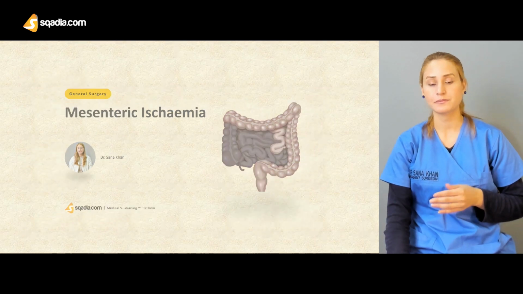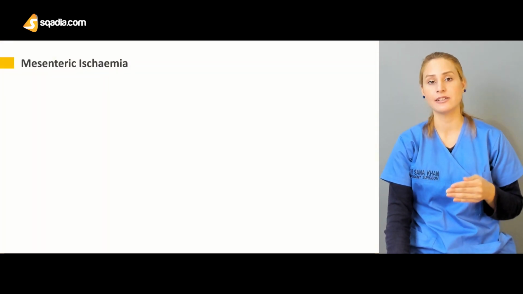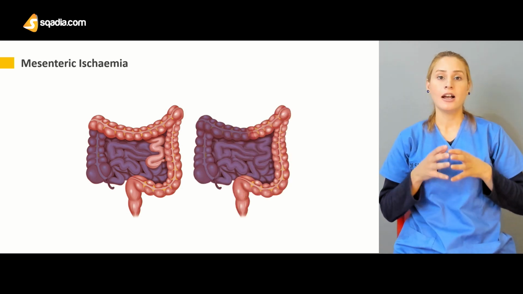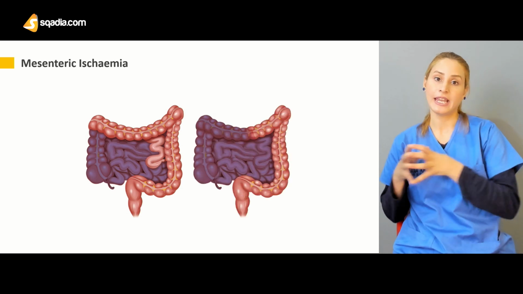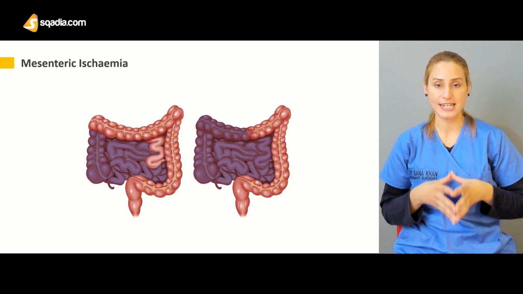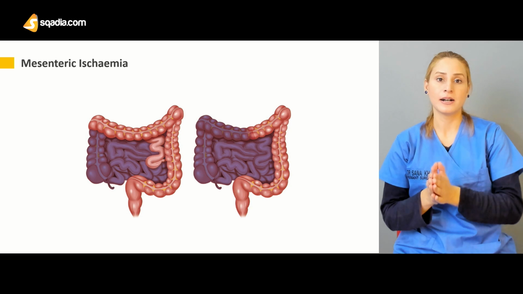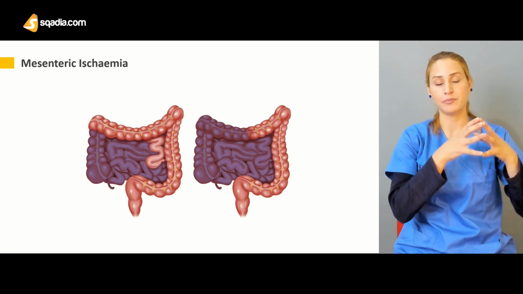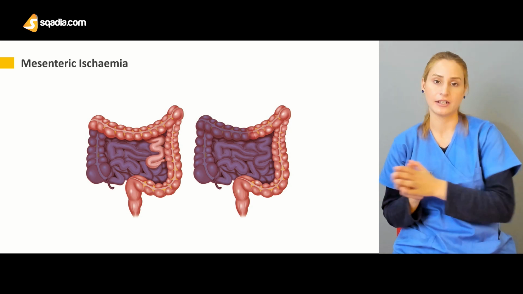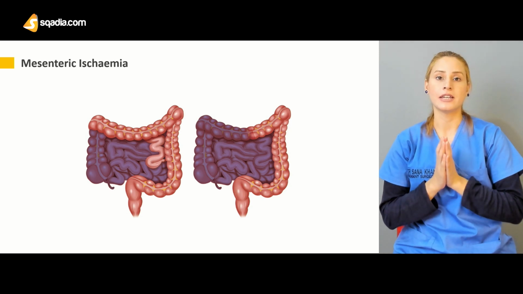Before going into the details of mesenteric ischemia, one thing you should know is, again, you have to go back to the anatomy, and what you need to understand is the division into foregut, midgut, and hindgut.